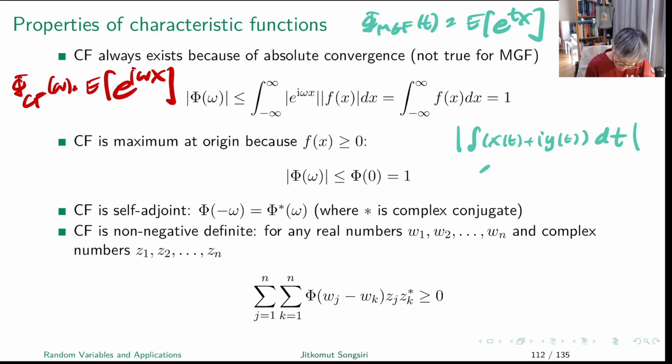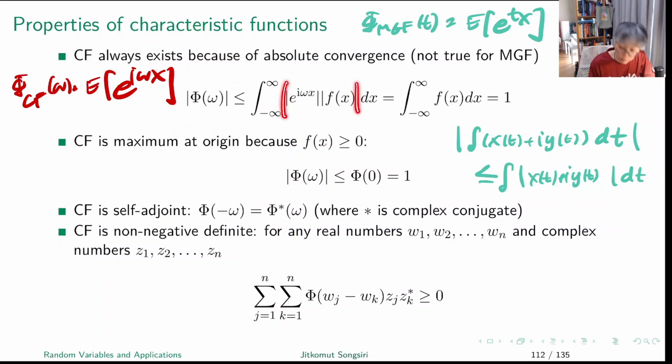That complex integral is always bounded by the integral of the modulus. This is a result from complex analysis. Therefore, the modulus of the CF is always bounded by the integral of the modulus.